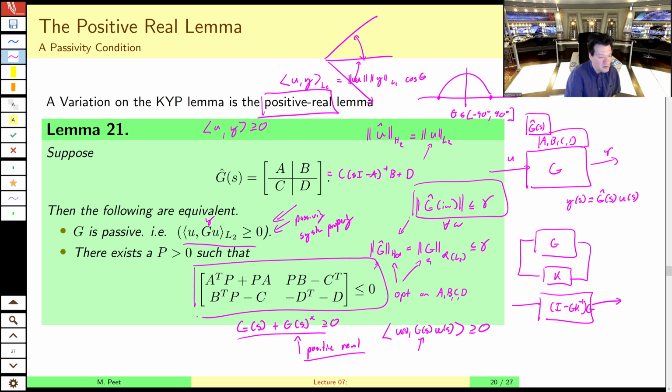It actually follows in a similar manner to the KYP lemma, and you might even be able to interpret this as a special case of the KYP lemma. So that's one additional property of the transfer function related through an optimization problem to the system matrices A, B, C, D.